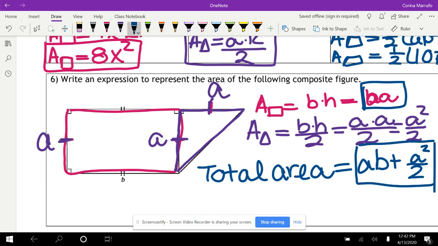Now you can also have your answer if you factor out the A. So do you see how they both have an A in common? We would take the A out, and then we write what's left over. So if I took the A out from here, I would be left with this B. I don't know if you can see it. This B right here.